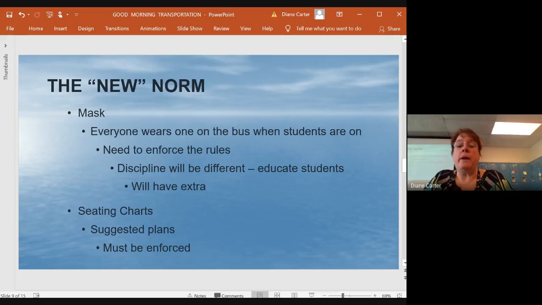And whether you're the driver or the associate, we can discuss that. We can talk about the possibility of getting you a different style of mask, which would have filters in it.